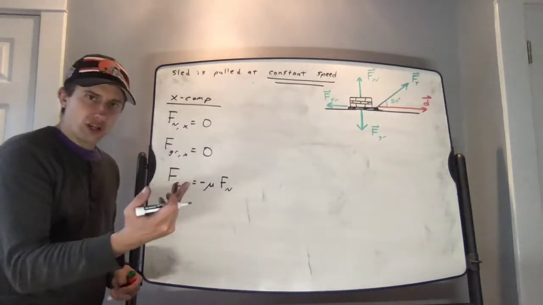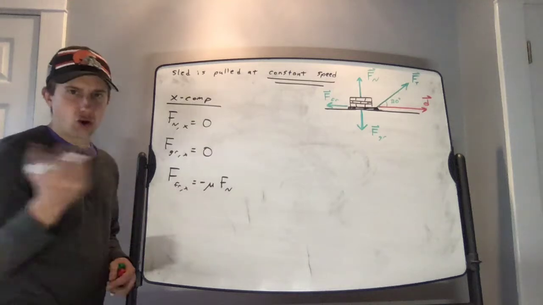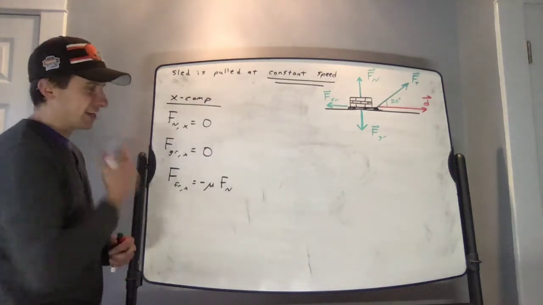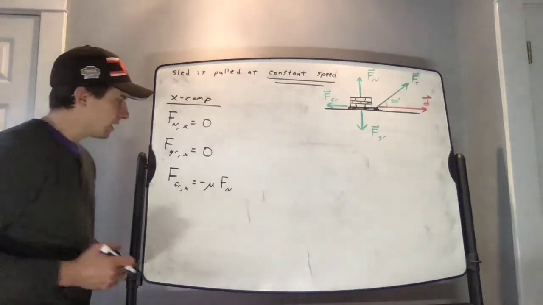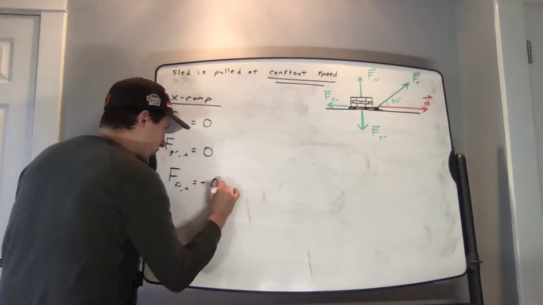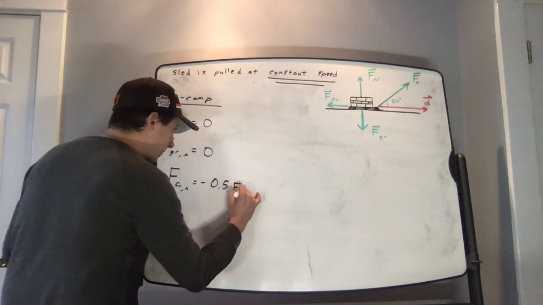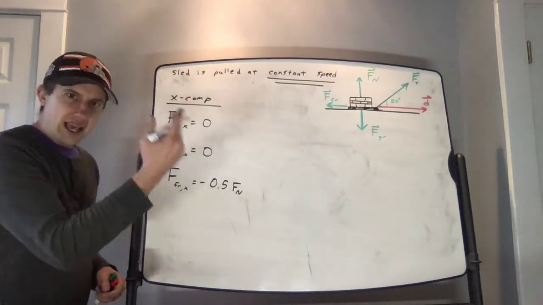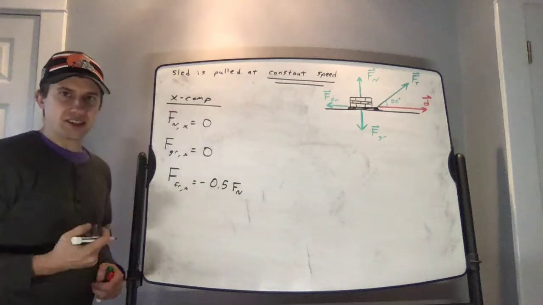Now, we do know what mu is in this problem. The coefficient of friction between the sled and the ground is 0.5. So if I want, I could write this as negative 0.5 F normal. And the tension force, this is really the thing that we want.